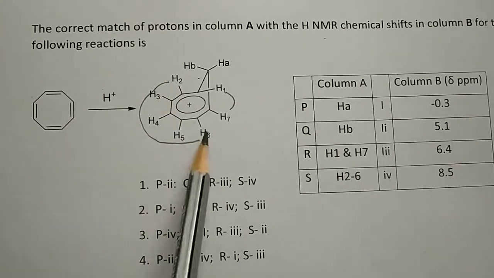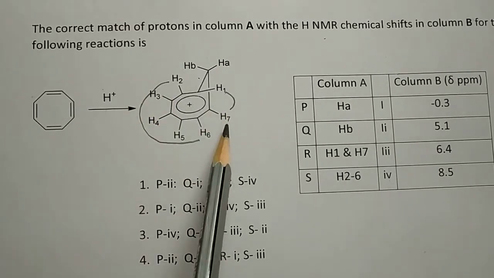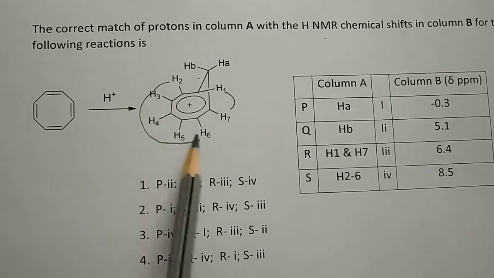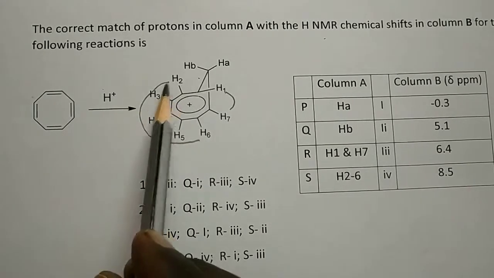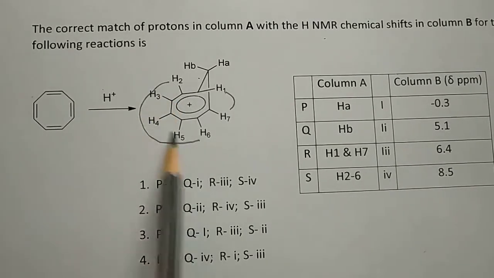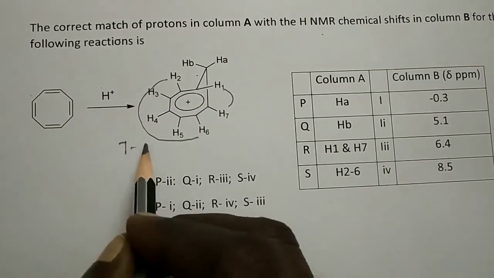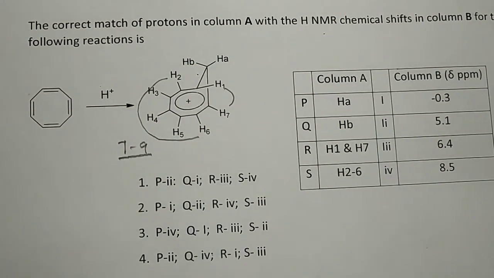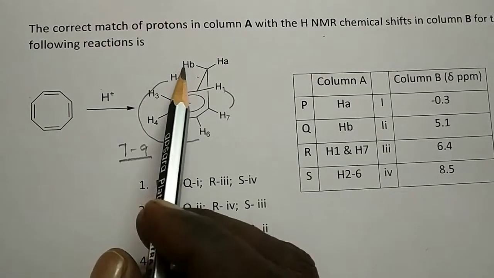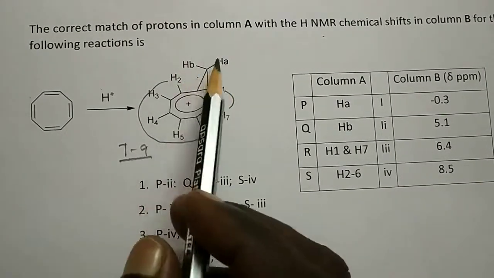So these H2 to H6 are in one plane, even H1, H7 also in one plane, but H2 to H6 are exactly aromatic, perfectly aromatic. They give signals from 7 to 9 ppm. And if you look at HB and HA, both are methylene protons.